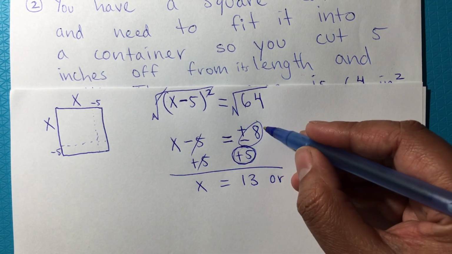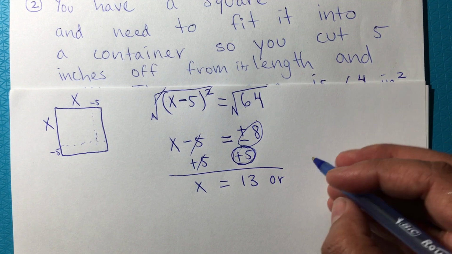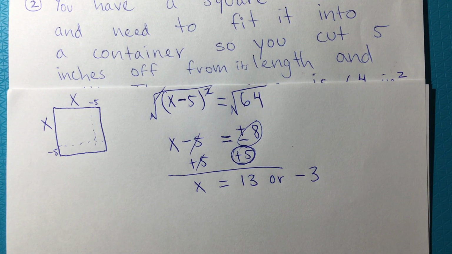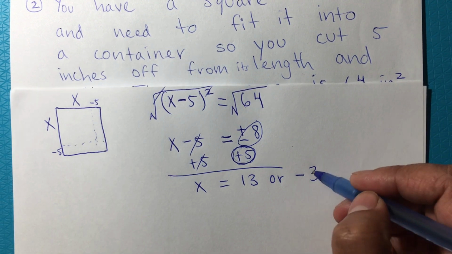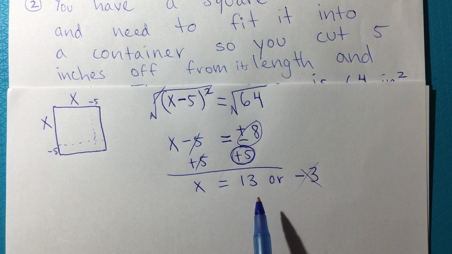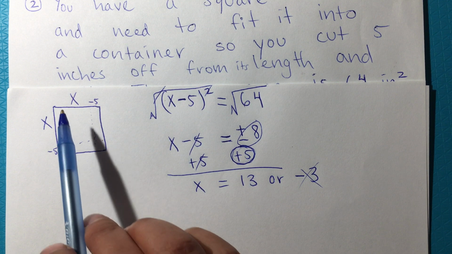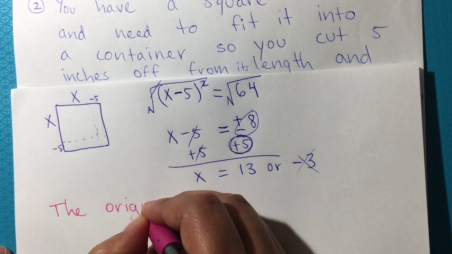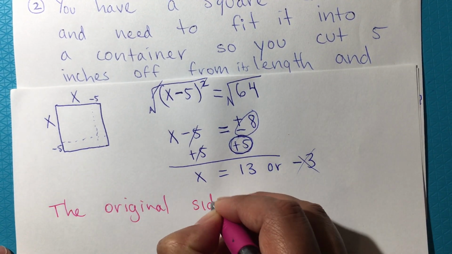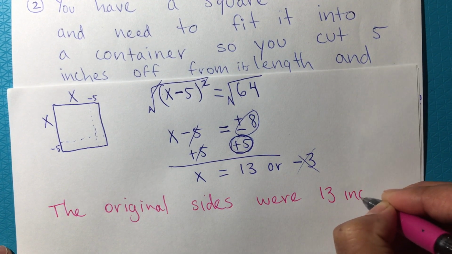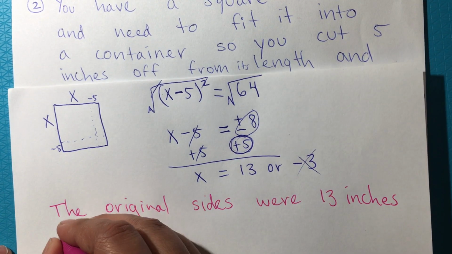So positive 5 and negative 8, you subtract and leave the greater sign, so it's going to be negative 3. Again, because this is cake, we cannot say it measures negative 3 inches, so you just cancel that. And so the original sides were 13 inches long.